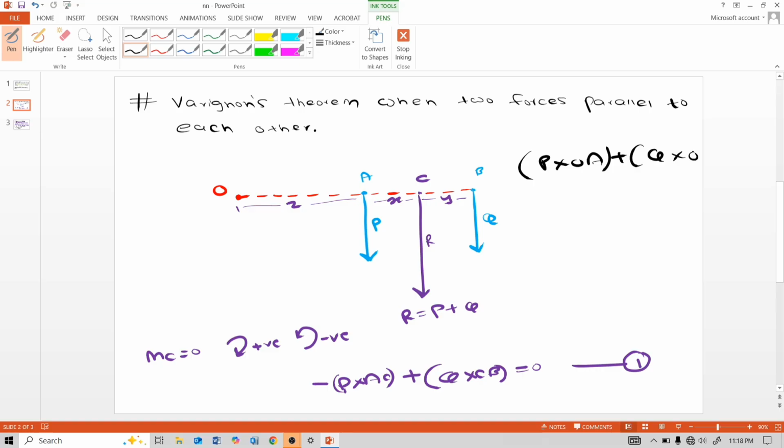We derived this in this derivation. P into OA plus Q into OB equal to resultant into OC. So this is Varignon's theorem proved with the help of coplanar parallel forces. Thank you very much.